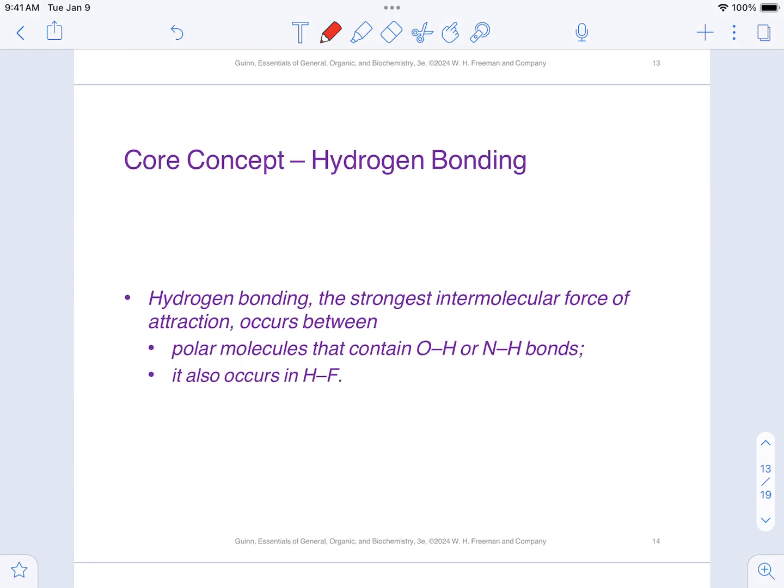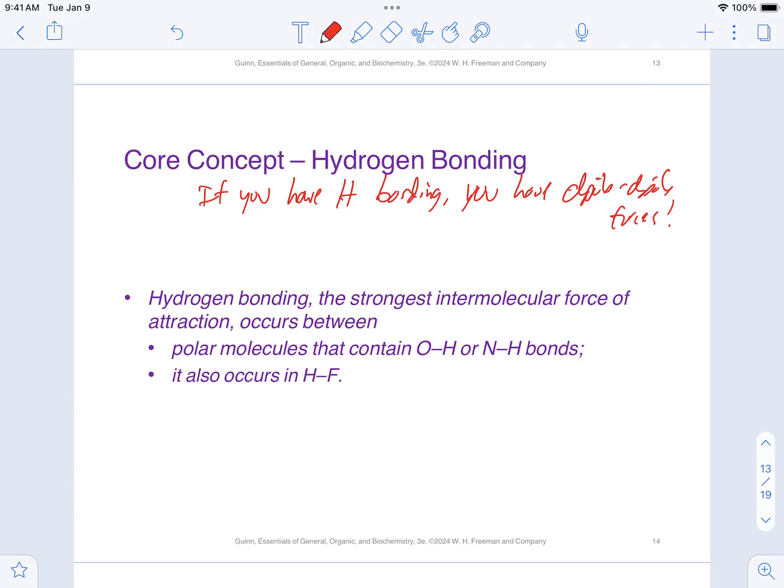If you have hydrogen bonding, you have dipole-dipole forces. So that's kind of like a cheat sheet. That's kind of a shortcut to determine: if you have hydrogen bonding, you have dipole-dipole forces.